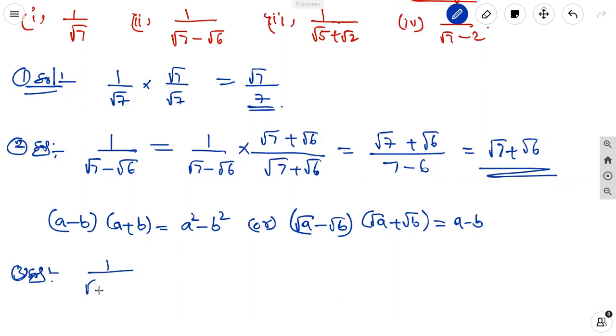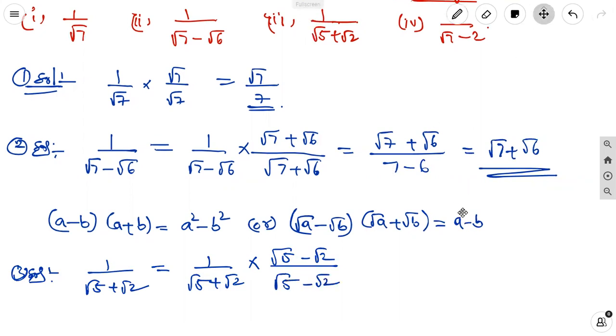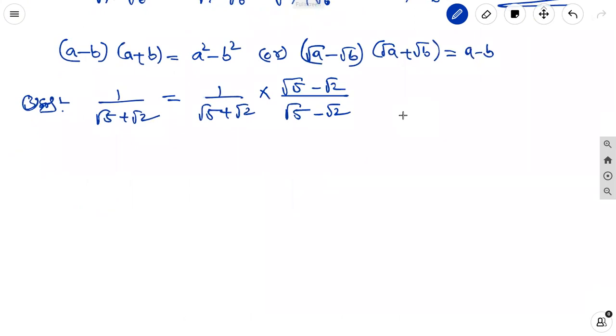1 by root 5 plus root 2. Here the plus sign is in between the two numbers, so we take the same numbers with the opposite sign, minus: root 5 minus root 2. We multiply the numerator and the denominator.